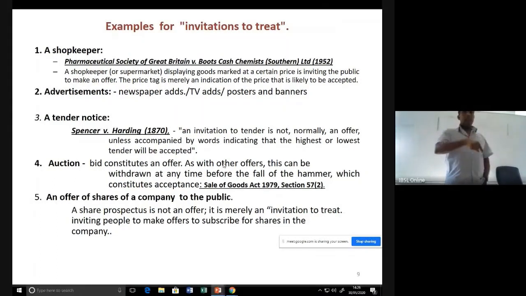Then the cashier can accept it or reject it. So you are the offeror, you are making the offer to the cashier. Cashier is the offeree. The cashier can either accept your offer or reject your offer. So cashier can say, okay, I will accept, and he or she takes the money and enters into agreement with you.